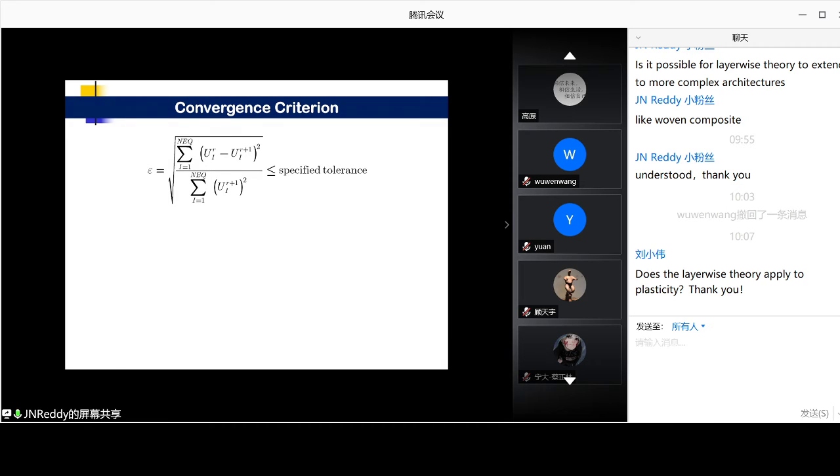Especially remember my point yesterday, everything that we are doing is approximate, including your differential equations. They are not exact. Okay, so you have to have the right perspective about engineering analysis. Don't try to say, oh, I'm going to solve inexact equations exactly. What is the point, right?